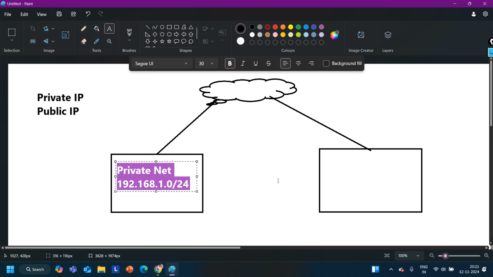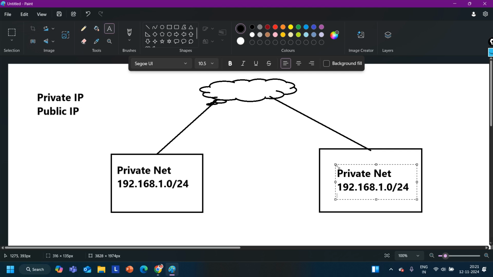Company ABC is also using the same subnet, right? So on the internet, how can we identify the traffic between XYZ and ABC? Is it possible, guys? Not possible. We cannot identify which company the traffic belongs to.